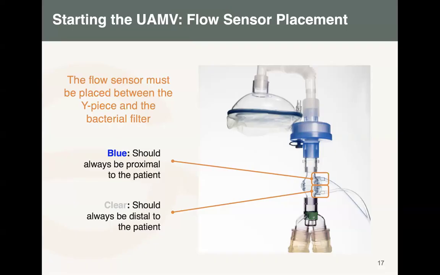Once the flow sensor is connected to the machine, the blue side will always be proximal, or toward the patient. And we advise the bacterial filter to be after the flow sensor, but there should also be a connector to help you to do so. Next slide.